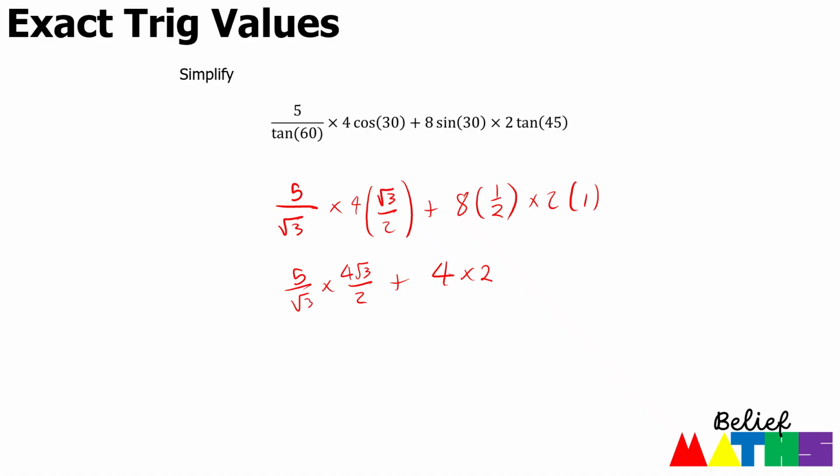So on this side you can see that these root 3's are going to cancel, and you end up with 20 over 2 plus 4 times 2, which is 8. 20 over 2 simplifies to 10, plus 8, so that whole thing simplifies to 18. Often they'll say, show that this can be written as an integer, so they will cancel out. Sometimes they won't and you'll be left with a surd, but there have been questions before where it just simplifies down to a whole number.